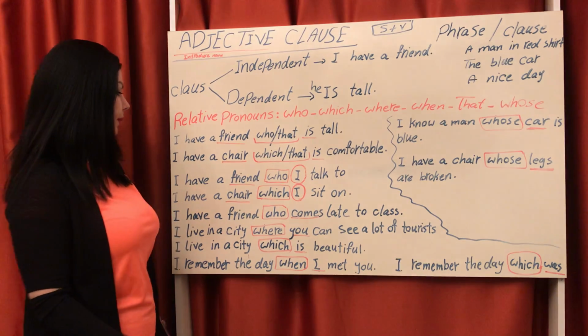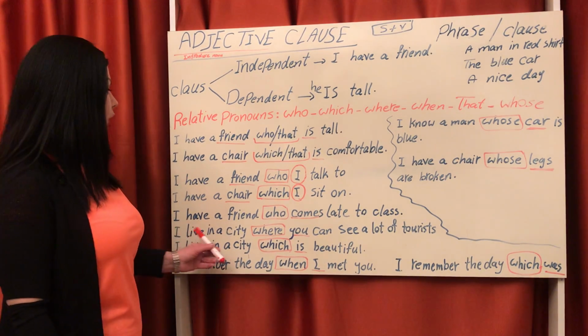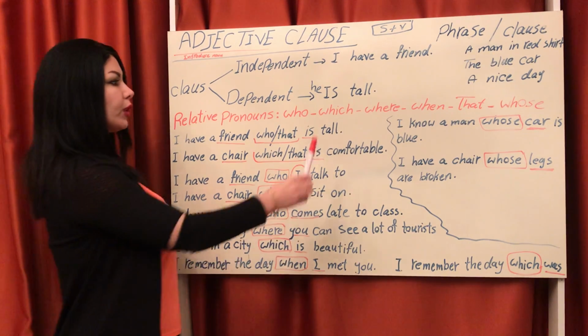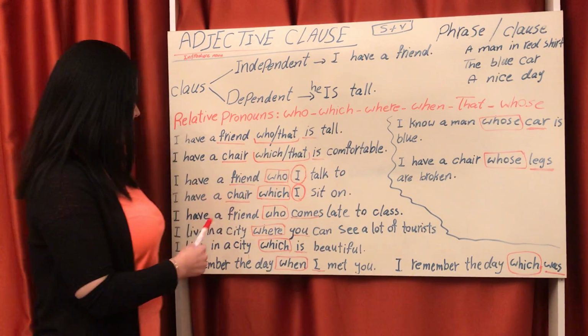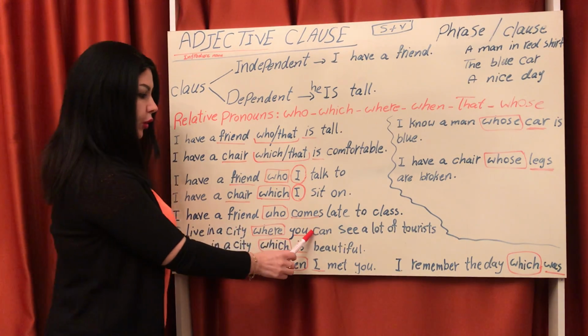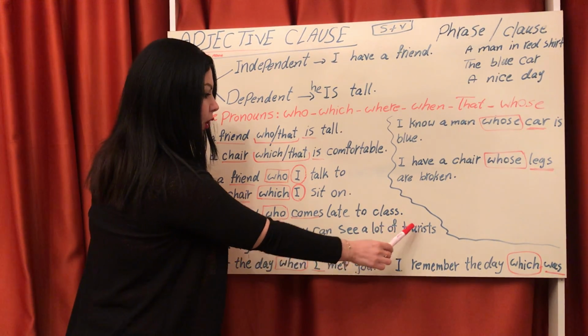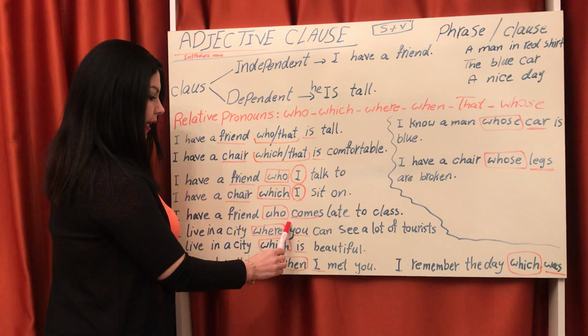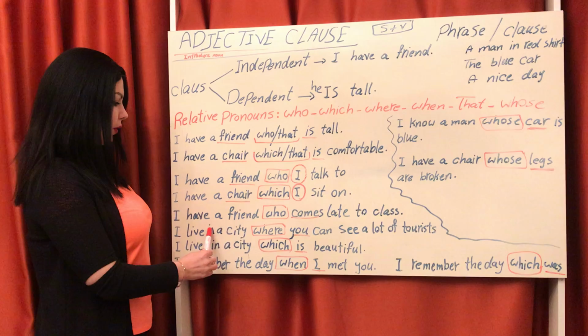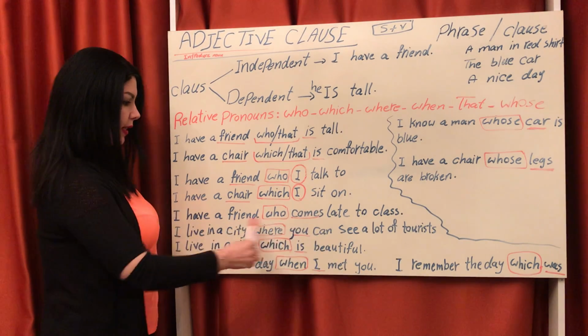Okay. Now, for place, I told you, for place we use where. For example, I live in a city, you can see a lot of tourists. We have two clauses. We want to make a sentence together.